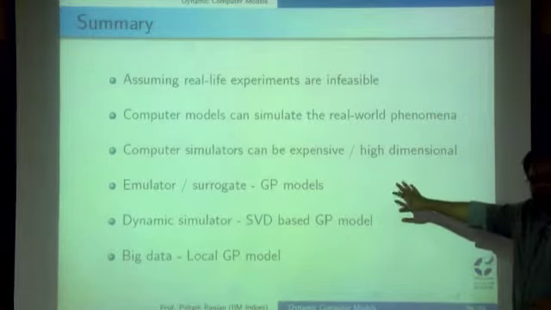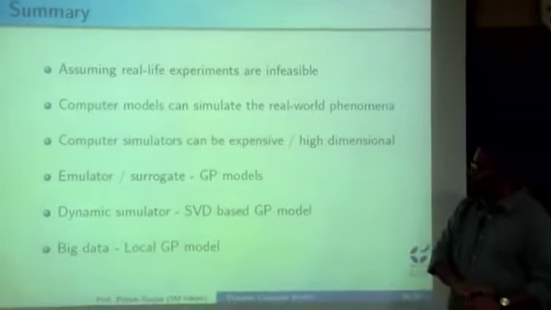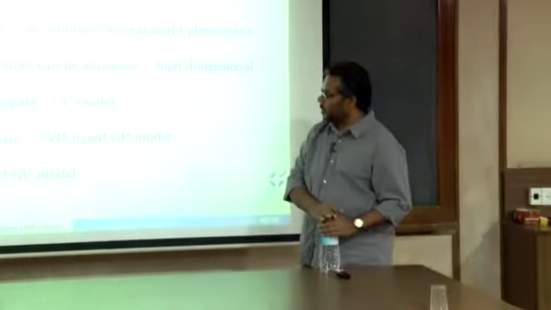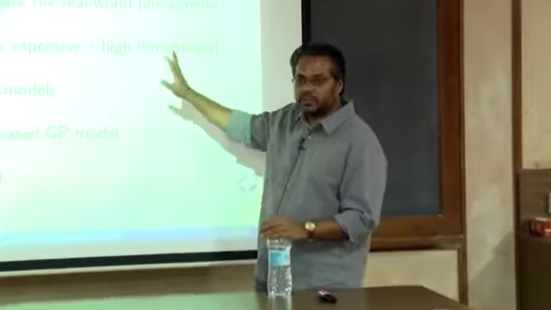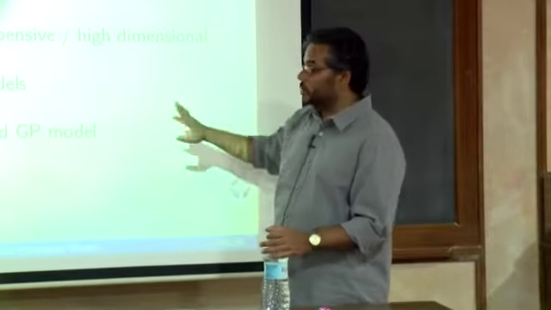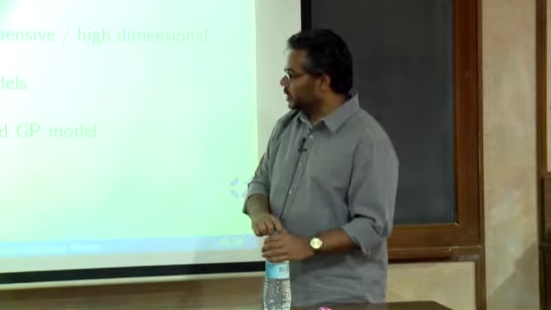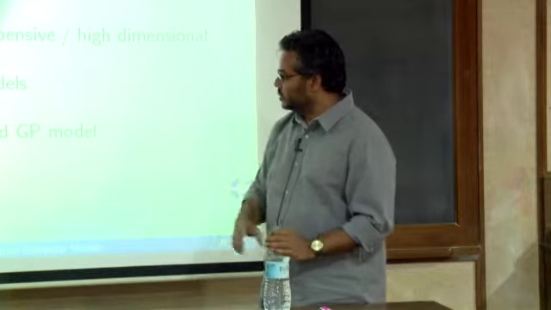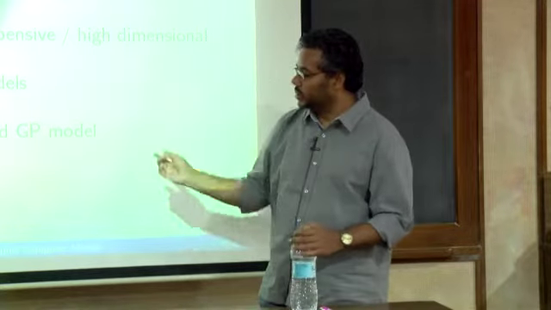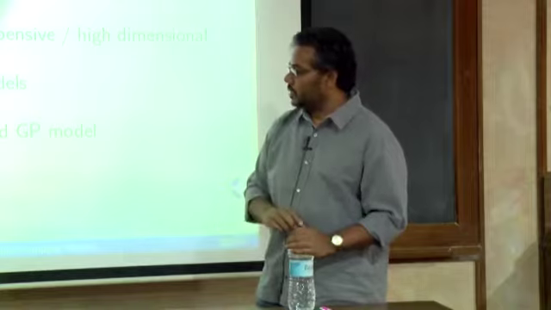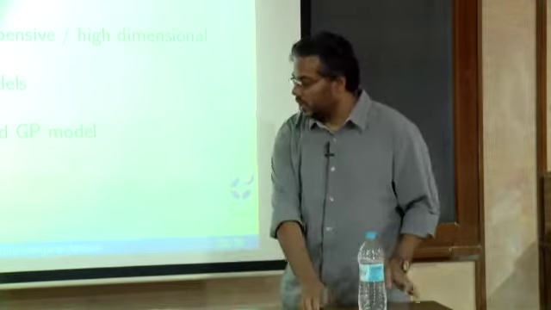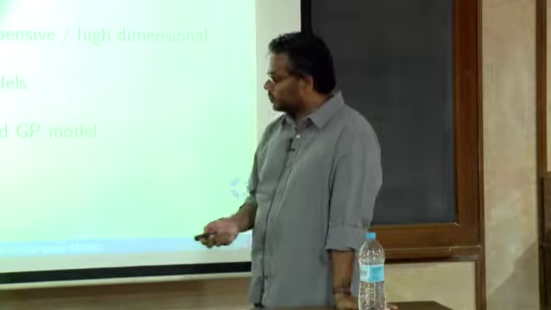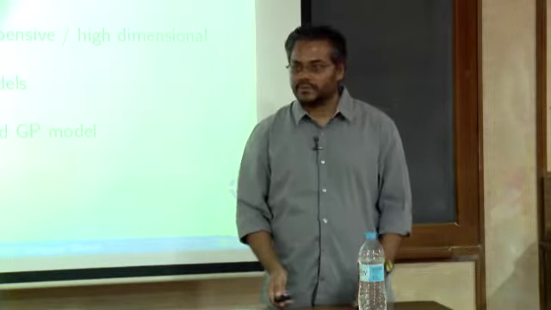There are some other ones, but GP model has been there since 1989. Then for this computer experiment, GP model for computer experiment. And then for dynamic computer models, this SVD based GP was proposed recently. There have been some other papers also, but not too old. And this local GP idea is for the big data. So that's all I had to say. Thank you.